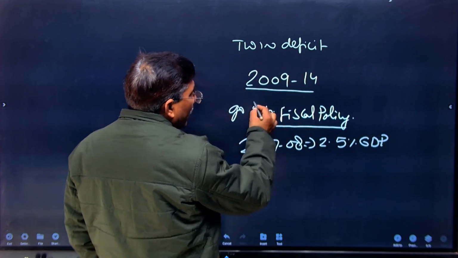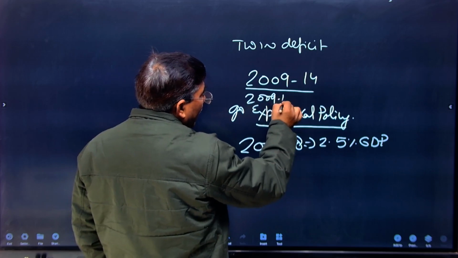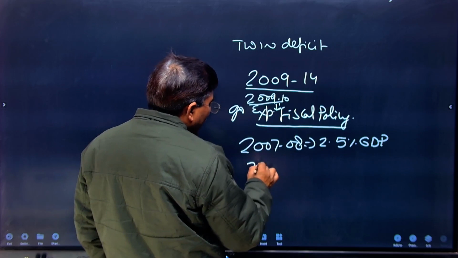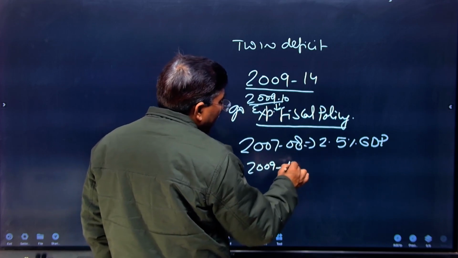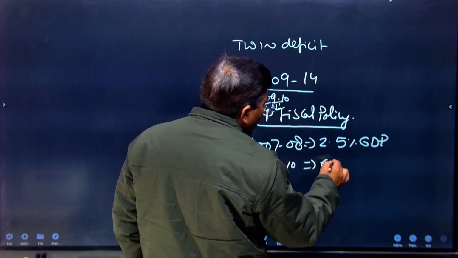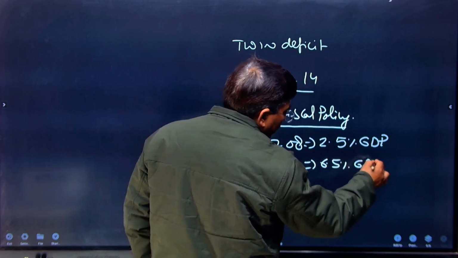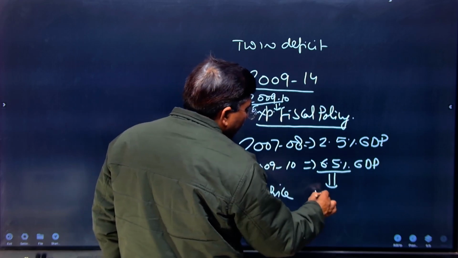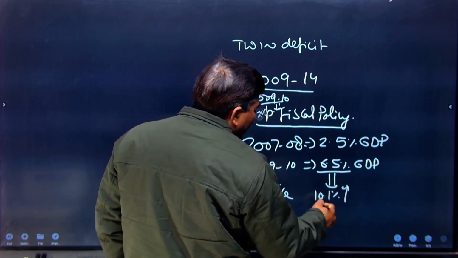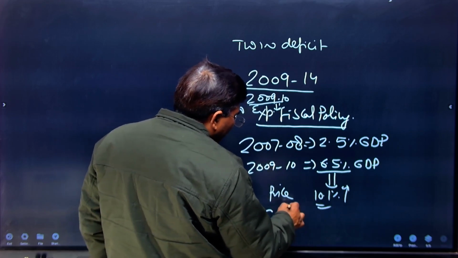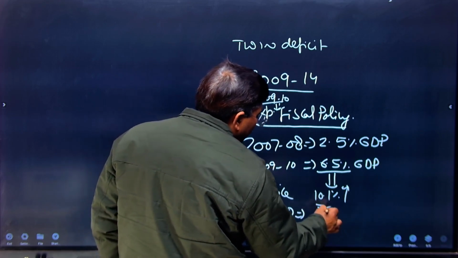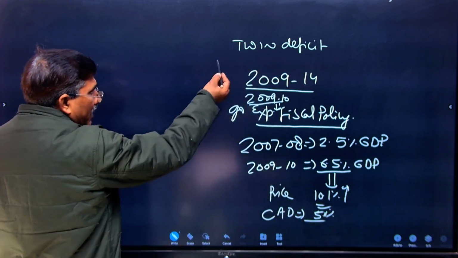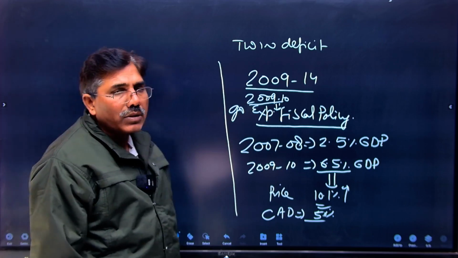But suddenly in 2009-10, when the government followed the expansionary fiscal policy, our fiscal deficit increased up to 6.5% of GDP. Increasing fiscal deficit increased the general price level by roughly 10.1%. And simultaneously, our current account deficit was roughly 5% of GDP. These are the data for the period 2009-10.